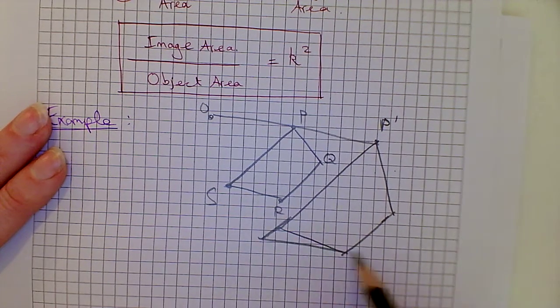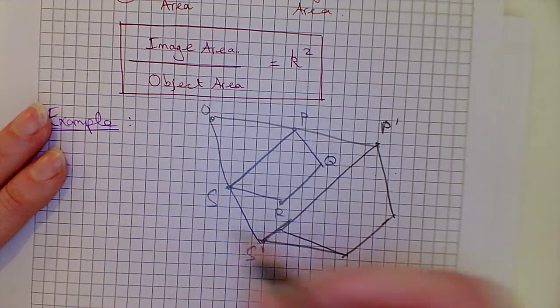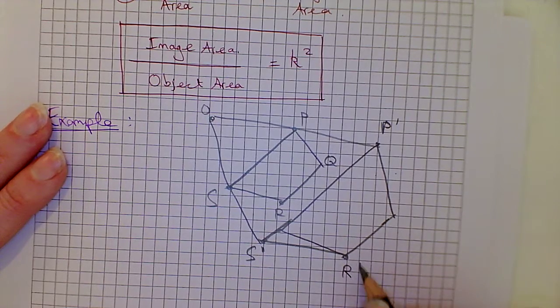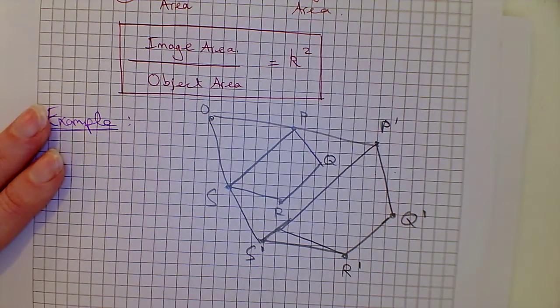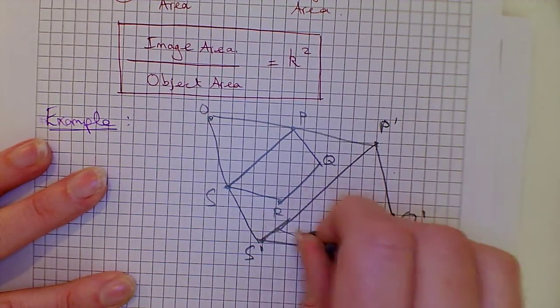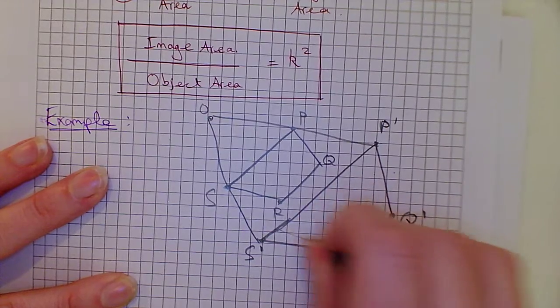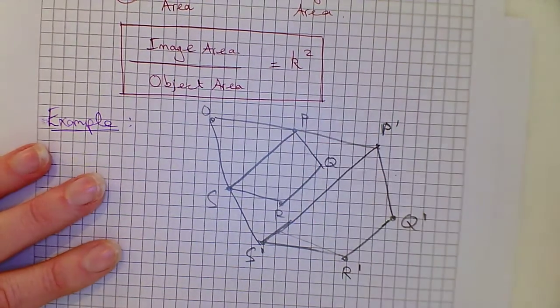Do this a little bit more like this. S is enlarged to S prime, and I won't draw in the lines joining these ones, R prime and Q prime. So just give me a little bit of benefit of doubt there and just assume that this was done well enough that it would be a proper enlargement. So this wouldn't be mapped on here, this would be mapped on here.